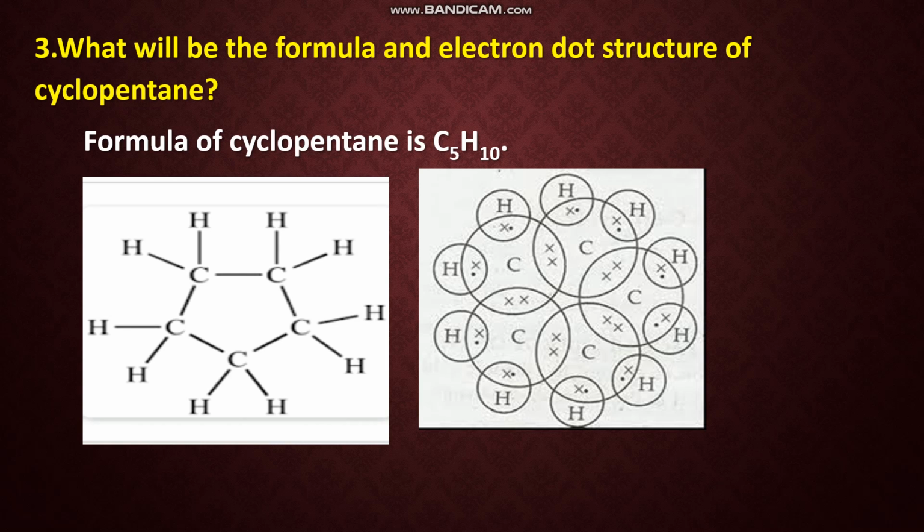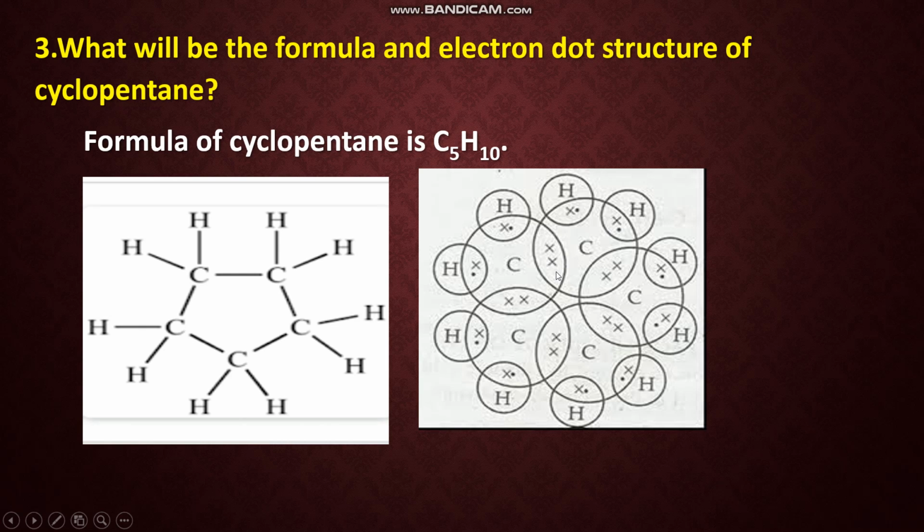So once again, how to draw the electron dot structure? First you draw the structure with the bonds. After that, you draw circles, or overlapping circles, around the atoms. Whichever atoms are present and whichever bonding has taken place, accordingly you draw the circles. Then you see which bond is present between the atoms. If a single bond is present, you show one pair of electrons in the common space between the circles.